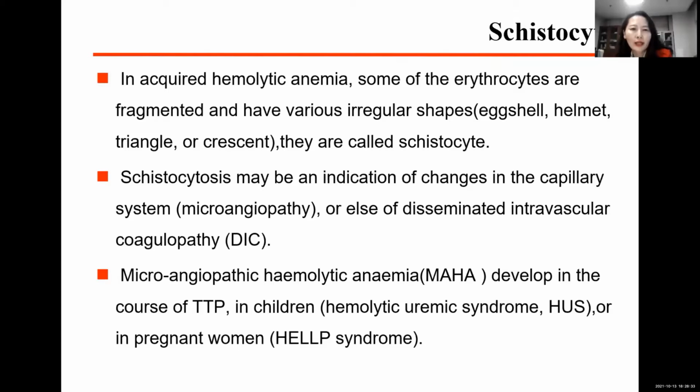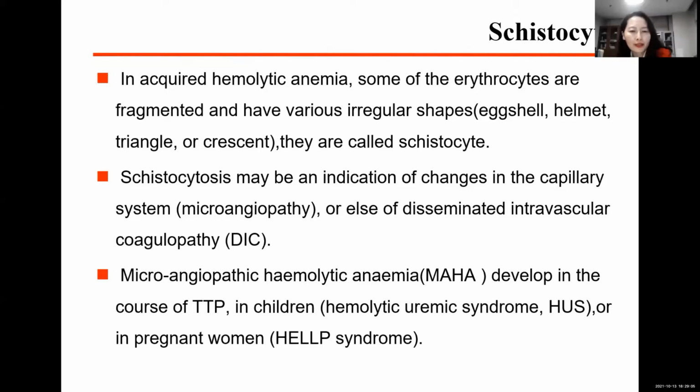In acquired hemolytic anemia, some of the erythrocytes are fragmented and have various irregular shapes: eggshell, helmet, triangle, or crescent. They are all called schistocytes. Schistocytosis may be an indication of change in the capillary system, or else of DIC.